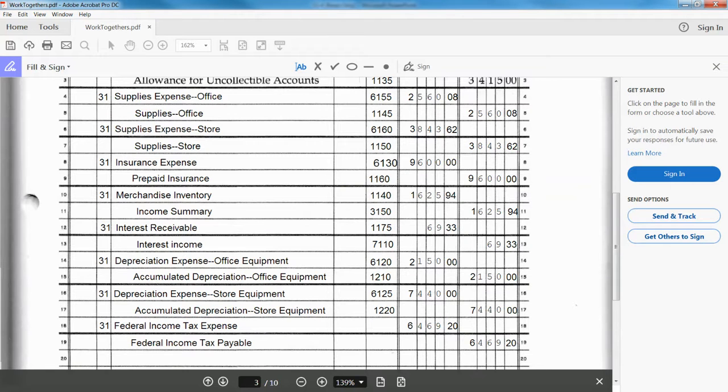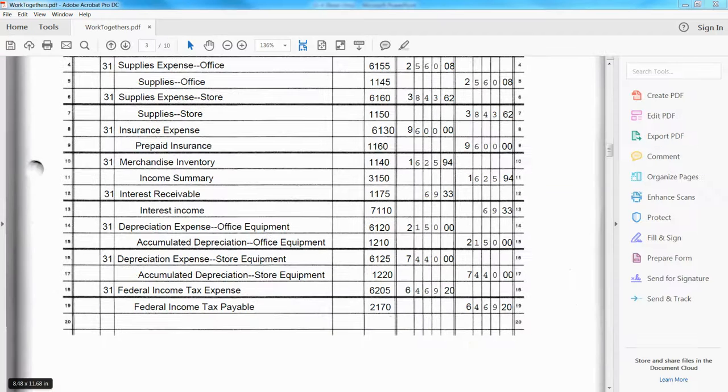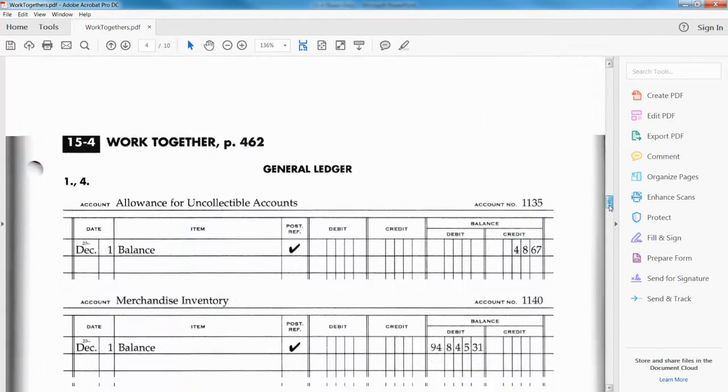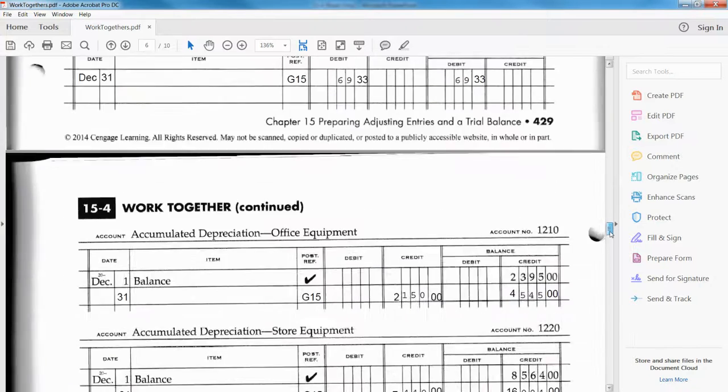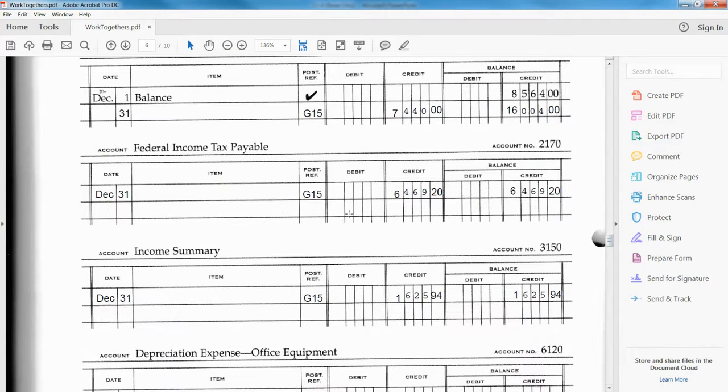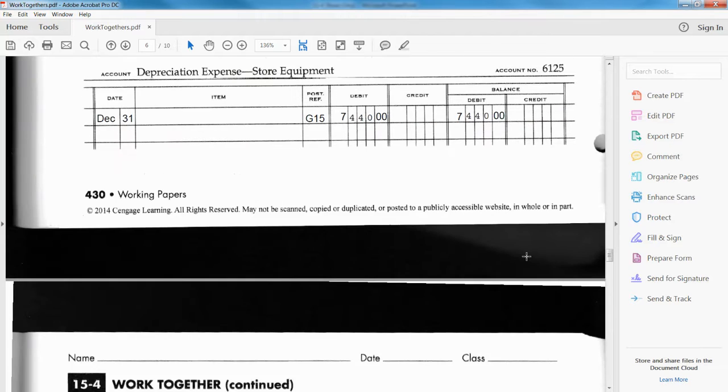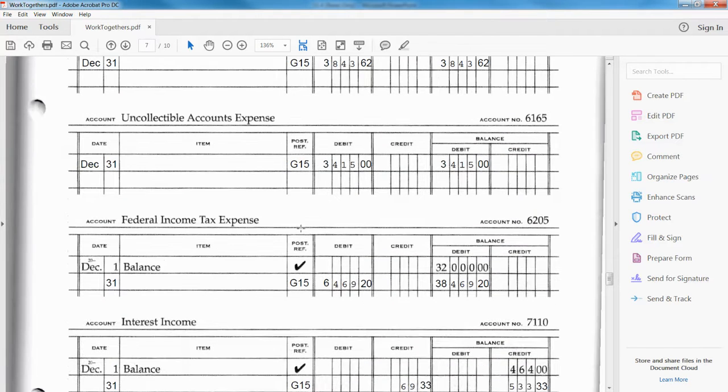So I'm going to pause the video and do that so you guys don't have to watch me posting. Okay, so now I have posted this last transaction. So you can see my post reference here. And then when I go to the general ledger, you can see I have it in here in the general ledger. And I also have it under federal income tax expense in the general ledger.